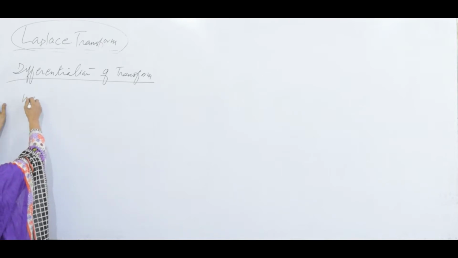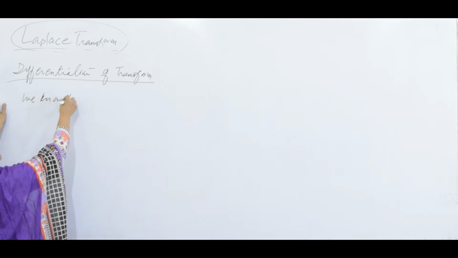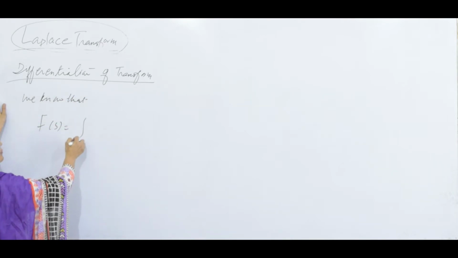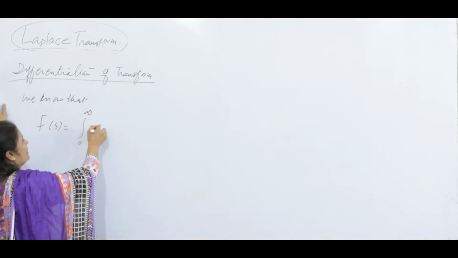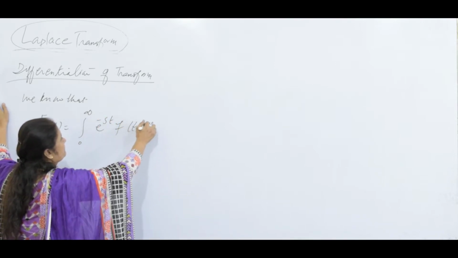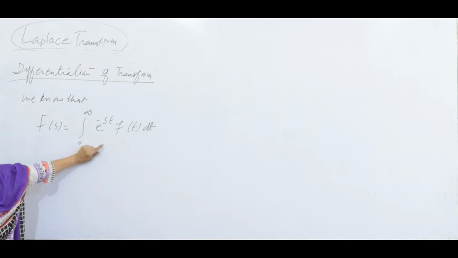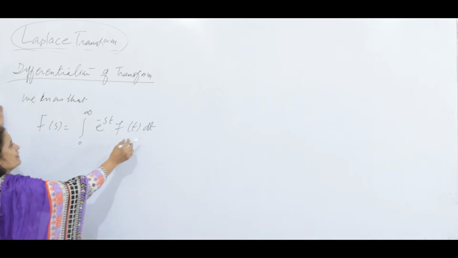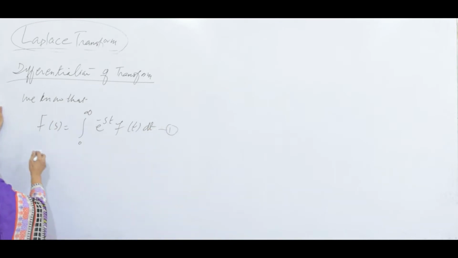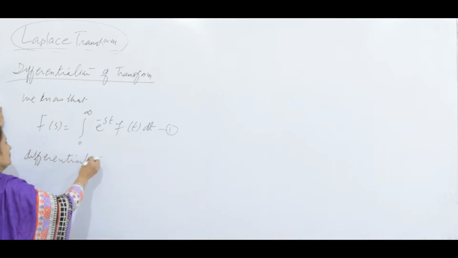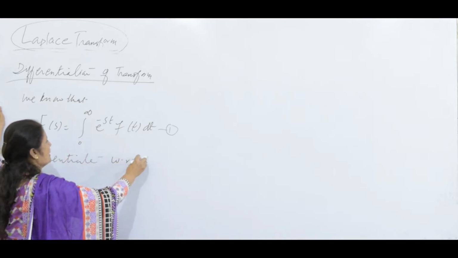We know that F(s) is equal to, by definition, the integral of e^(-st) f(t) dt. This is the definition of the Laplace transform. Call it equation 1. Now differentiate with respect to s.